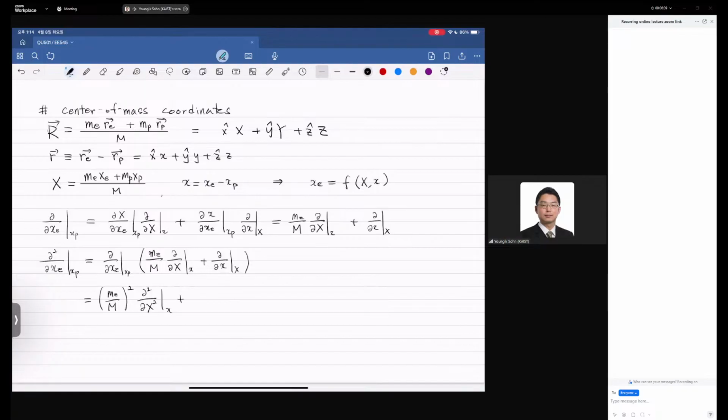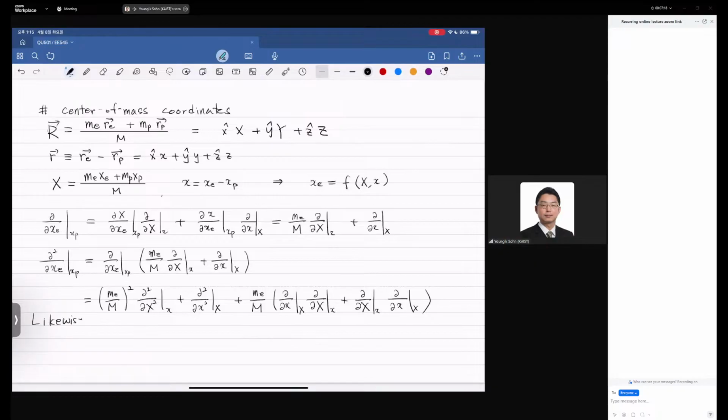Then you will have this term, and then a cross term. This is all algebra, just do it one by one. Okay, so that's the second order derivative.